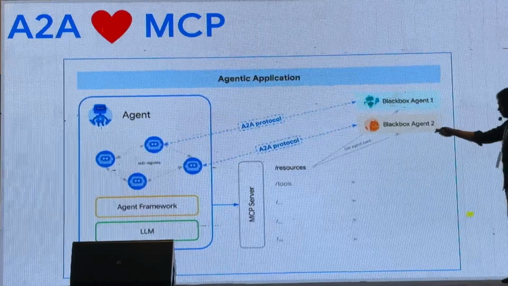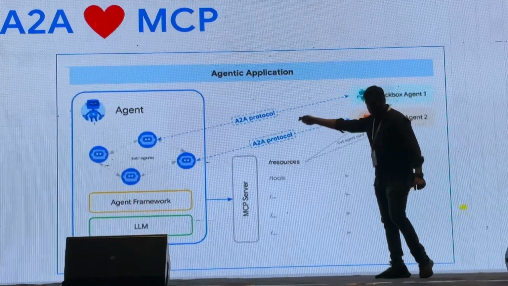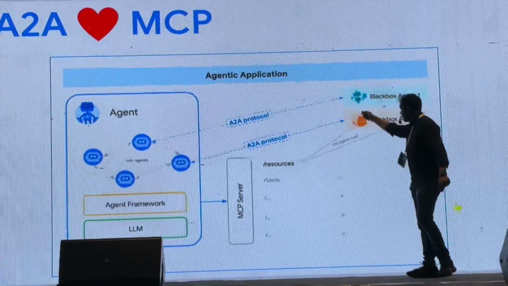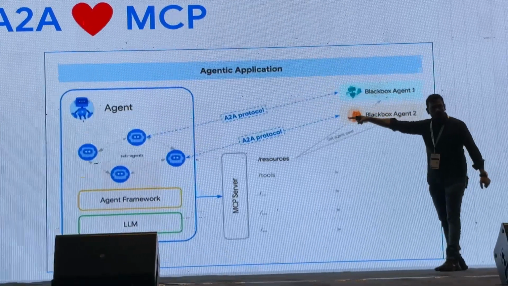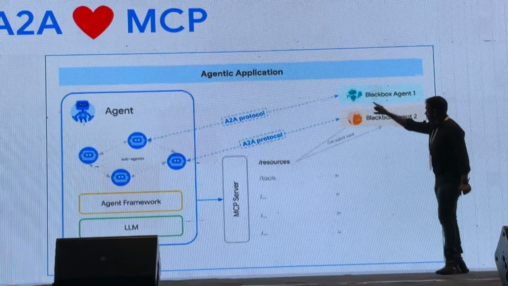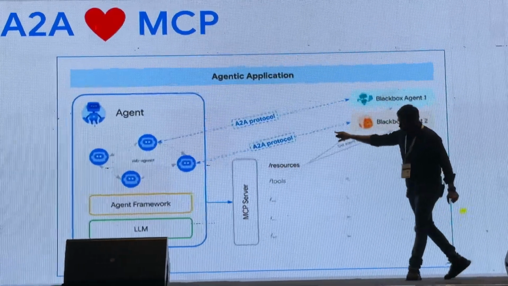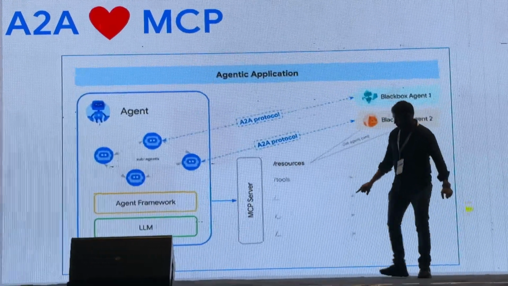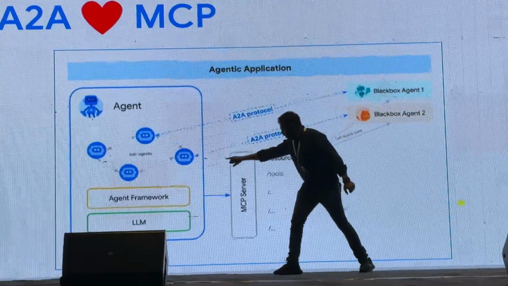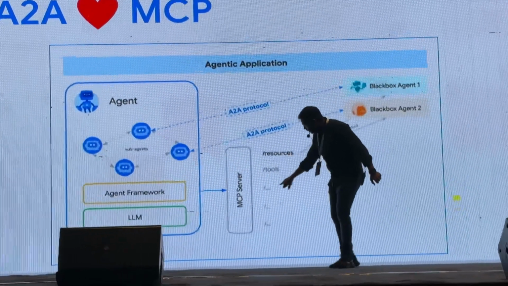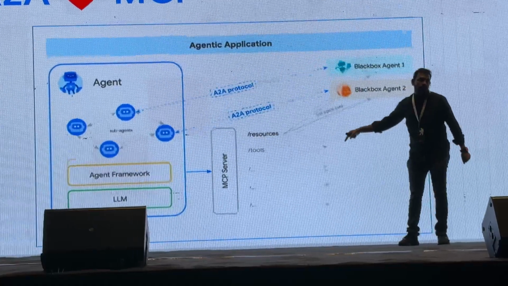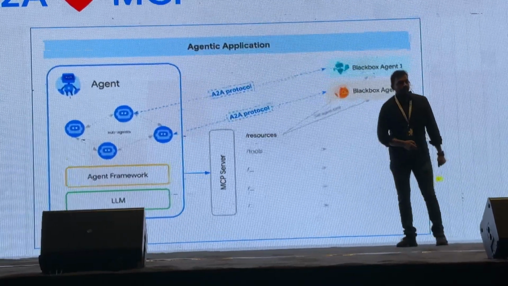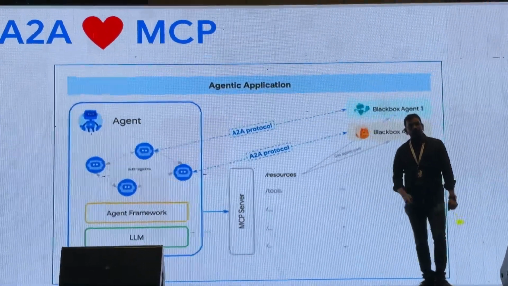If you see here, you have agents working on the right side, and they are trying to collaborate through the A2A protocol. These are your remote agents and your client agents. The communication happening between all these agents is the A2A protocol. But if you also look at the downside, you also have MCP connected with these agents. What they are trying to do is talk regarding your tools, APIs, and your data, in real time.